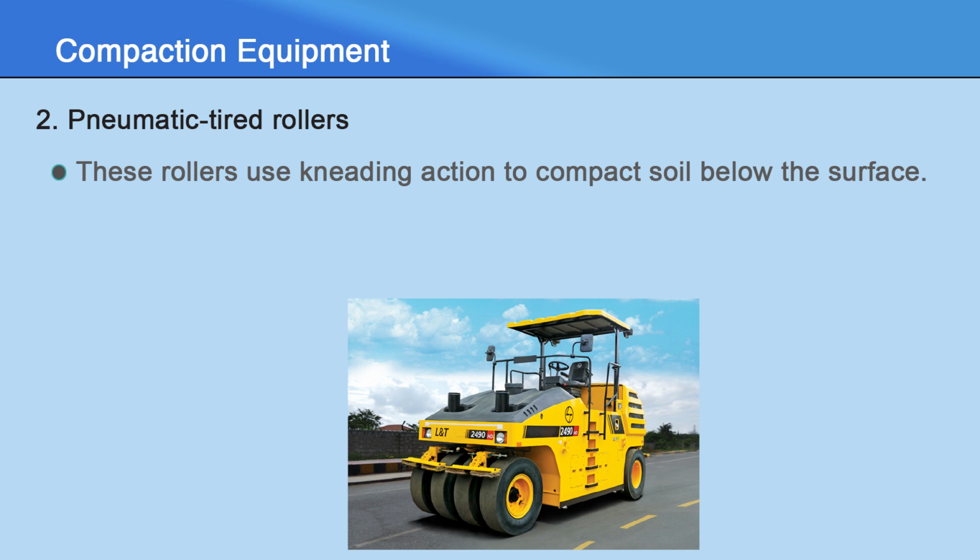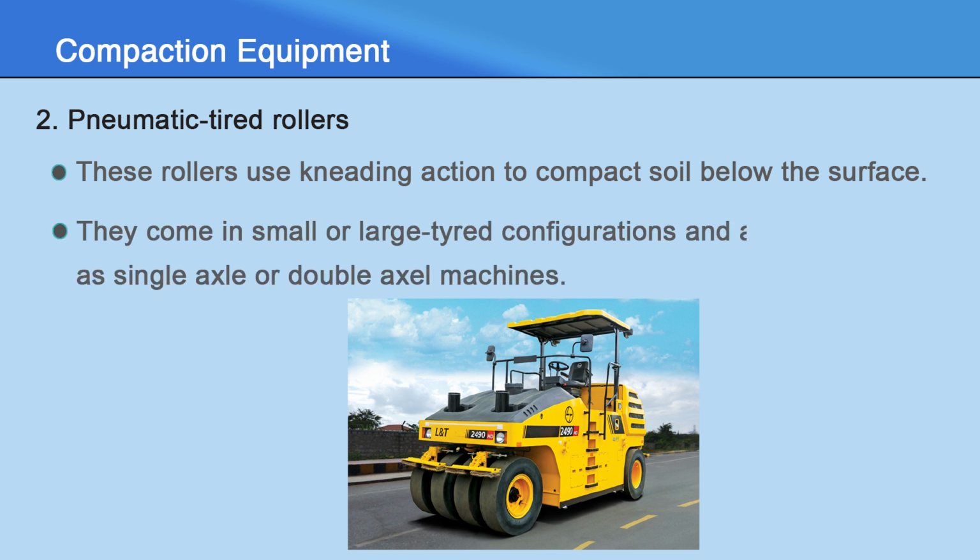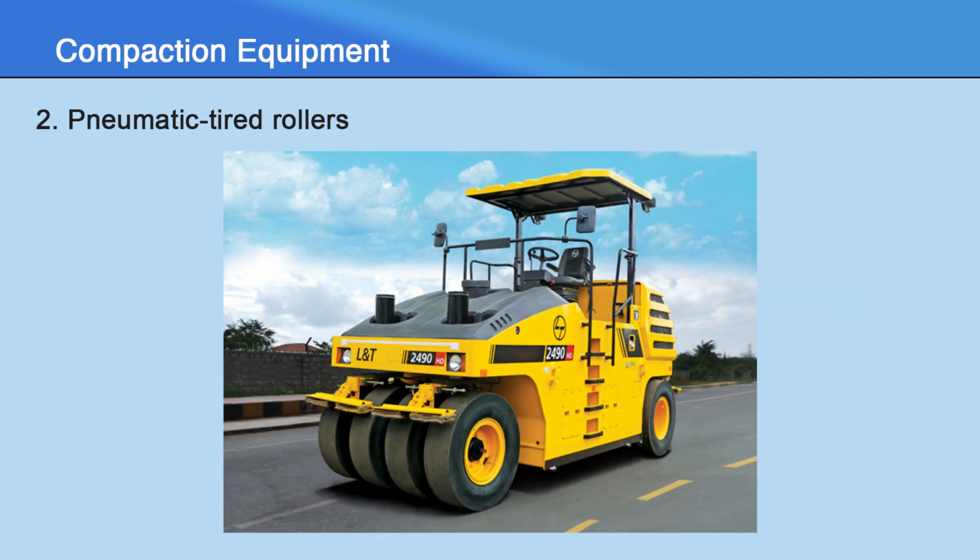Second, pneumatic tired rollers. These rollers use kneading action to compact soil below the surface. They come in small or large tired configurations and are available as single axle or double axle machines. These types of machines rely on dead weight acting upon pneumatic tired wheels to produce the compacting effort.